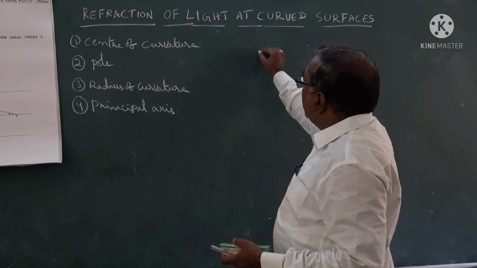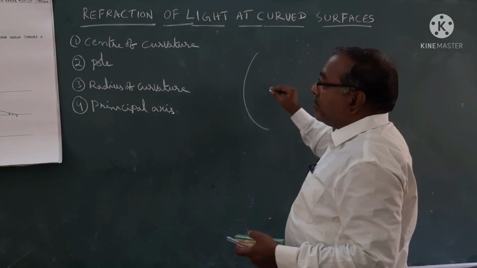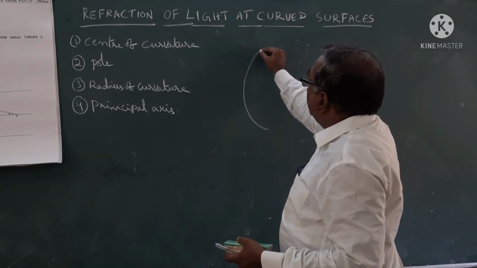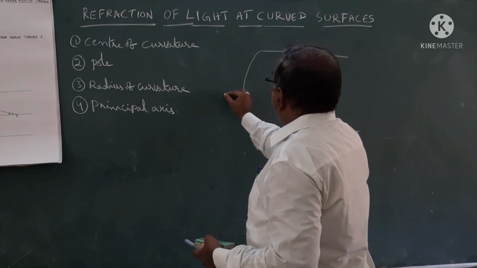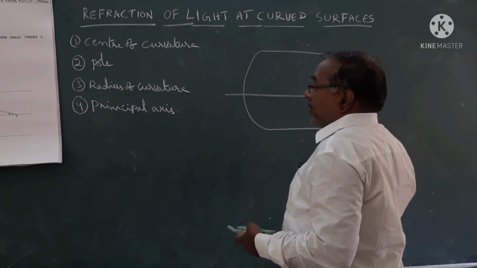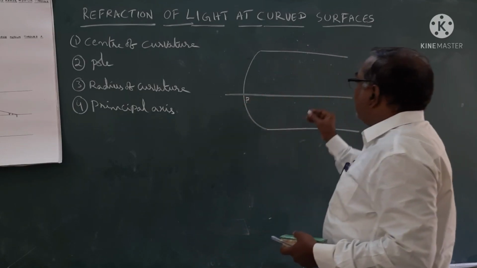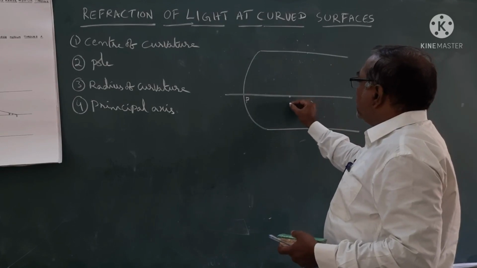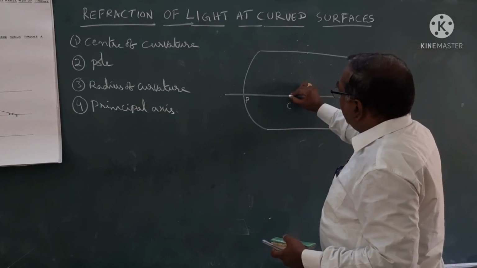Let us say it is a curved surface. It is the principal axis. This is called pole. This is the center of curvature. It is the normal.